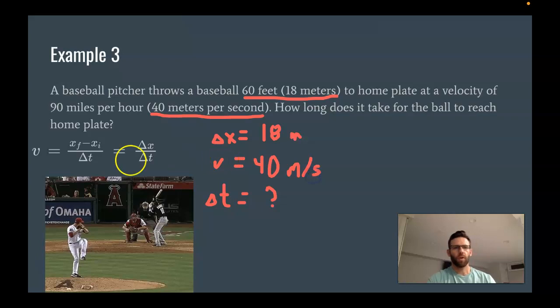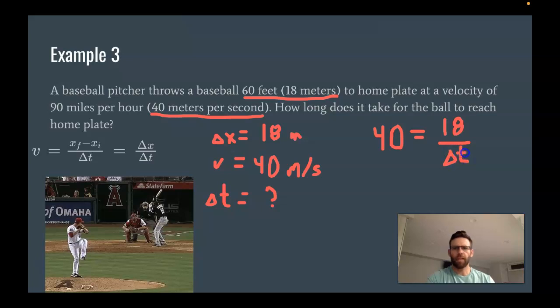All right, so I'm going to use this equation where velocity is equal to displacement divided by my change in time. All right, so now I'm going to go with 40 as my velocity. That's what I was given. Equals, let's see, 18 divided by my change in time.